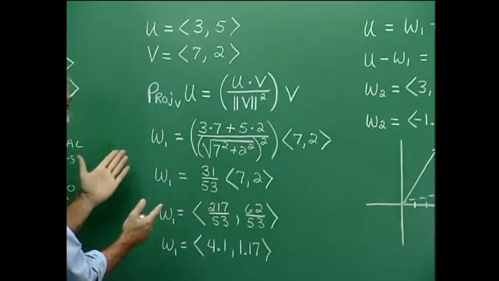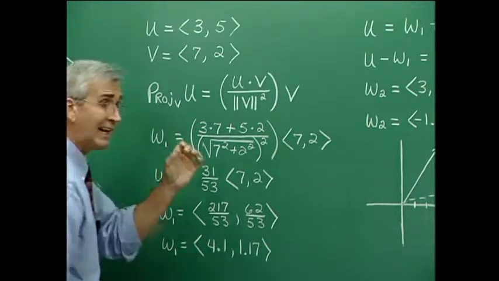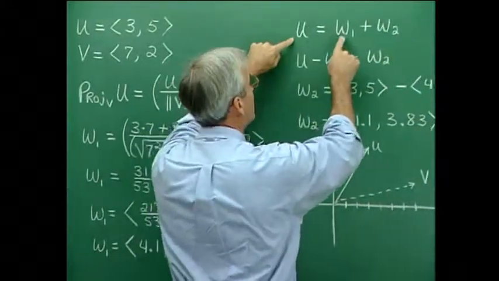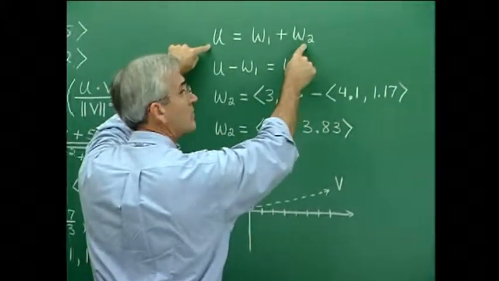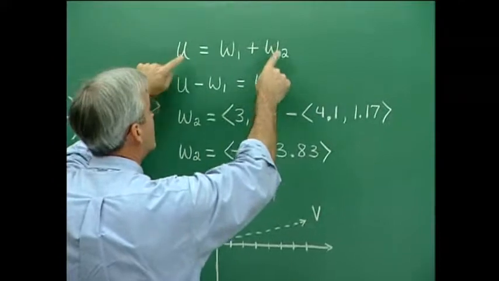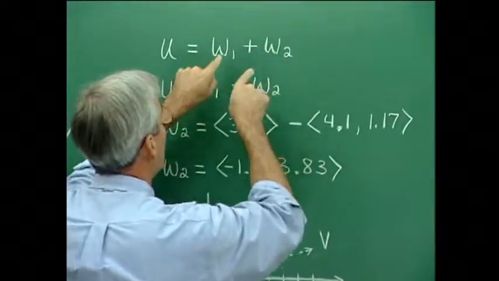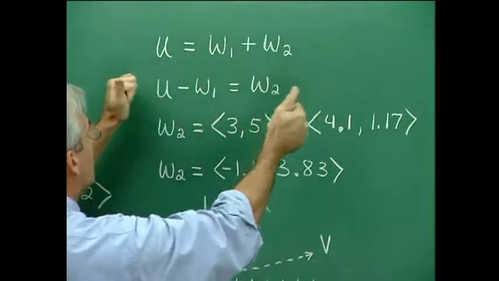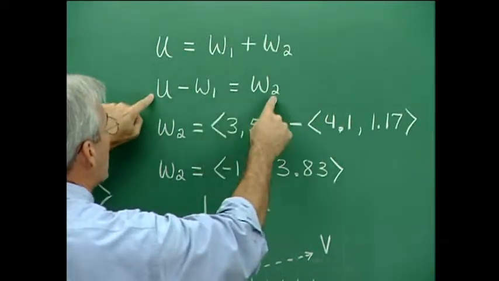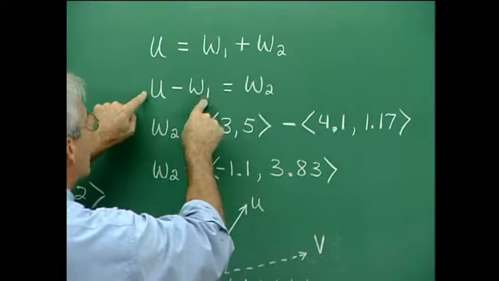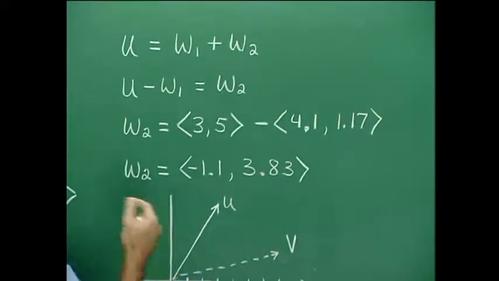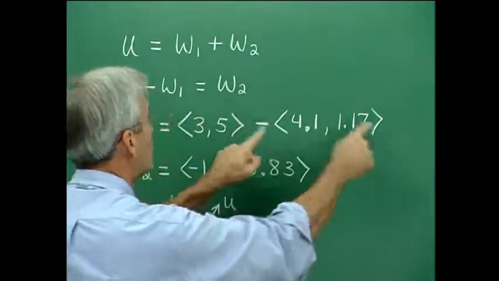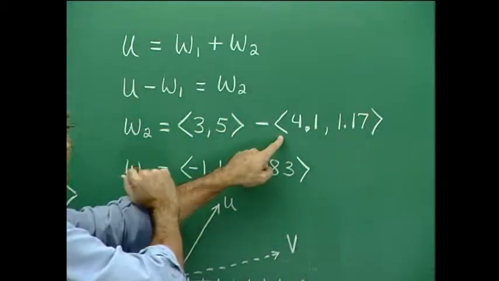It turns out that's not difficult to do. If such a thing exists, and it does, then u is equal to w sub 1 plus w sub 2. That's all there is to it. The sum of those two orthogonal vectors is going to give u. Using a little algebra, subtracting w sub 1 on both sides, w sub 2 is just the difference of those two. So w sub 2 is u minus the w sub 1 that we found over here from the projection.